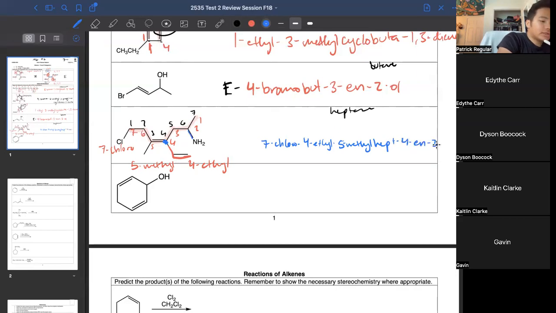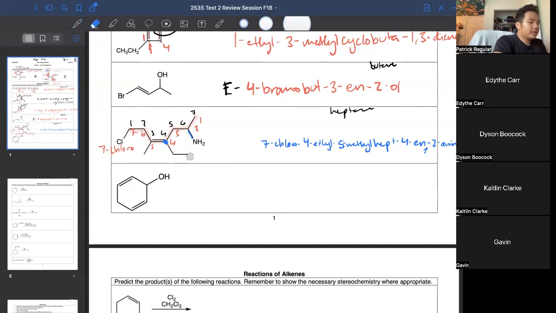That's at 2. 2 amine. We drop that E because there's no diamine or diol. There's only 1 amine. And this is missing something. What do we add? E or Z. Yeah. What letter would we add?